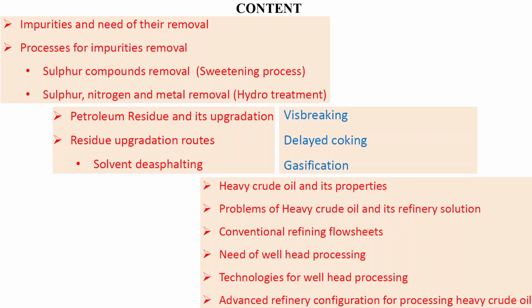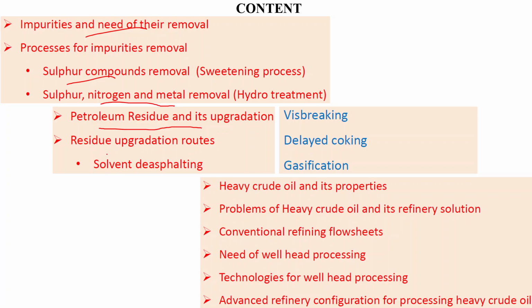So, firstly, we will be talking about various impurities that are present, such as sulfur, nitrogen, metal, and various procedures that are used for the removal of sulfur, nitrogen, and demetallation. Then the various residues that are produced from the petroleum residue, petroleum product, crude oil.